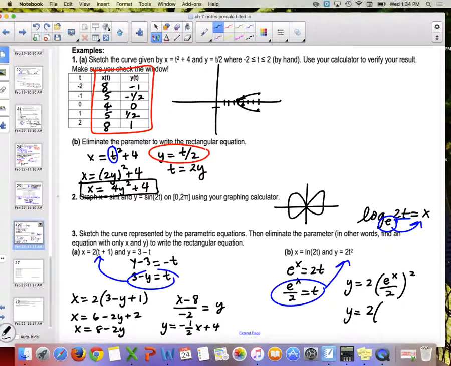Is it going to be e to the x squared, e to the 2x? It's going to be e to the 2x. Remember, multiply your powers, over 4. So your final answer would be y equals e to the 2x all over 2. That's our answer. That would be the equivalent equation in x and y without a parameter. Do you see how this works?